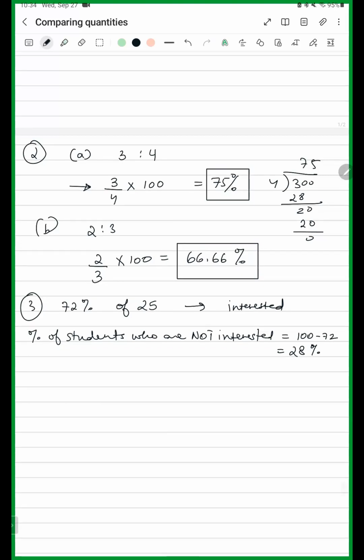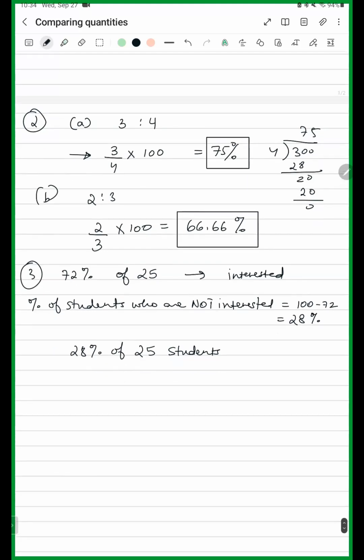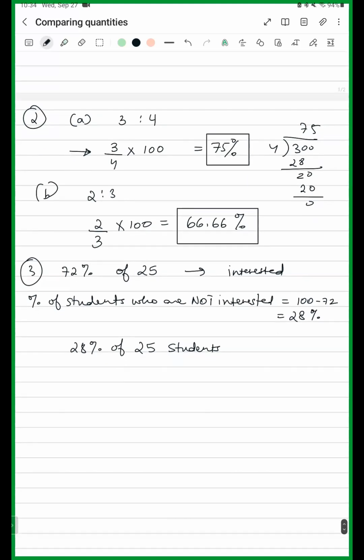Got it? Yes. So 28% of how many students are there in total? 25 students are there in total. Yes, sorry. So 28% of 25 students. So 28 divided by 100 multiplied by 25.